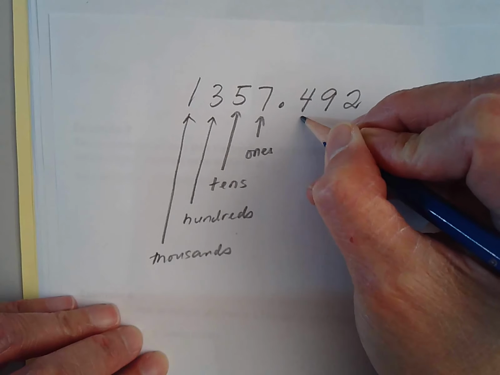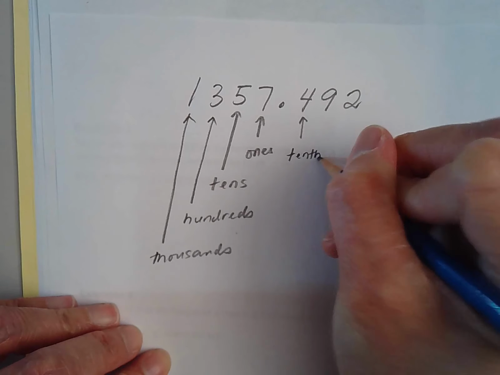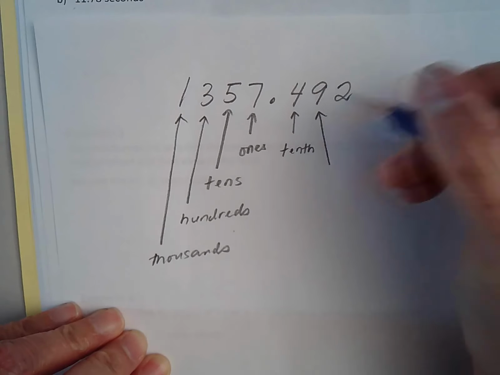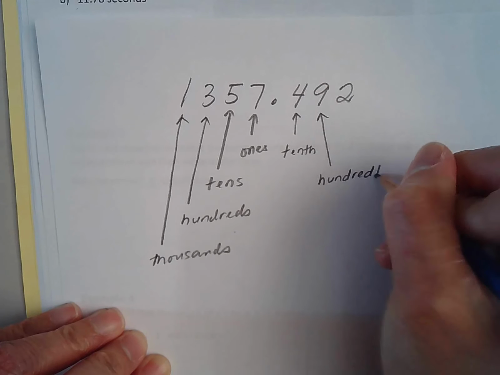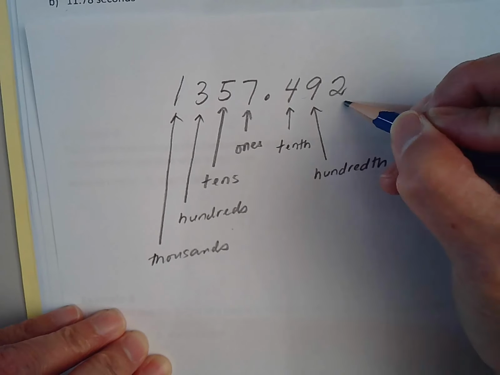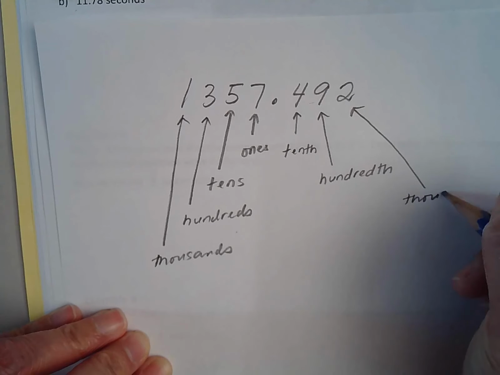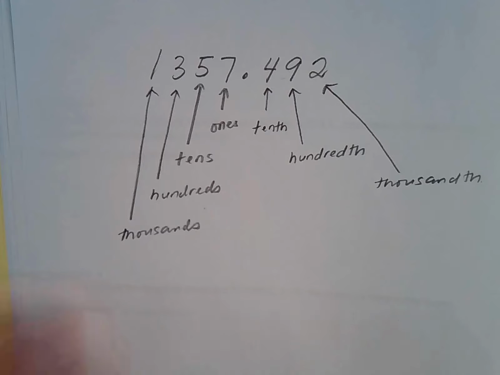And then when you get to this part, this is going to be the tenths place. This one would be hundredths, which is two decimal places. And then this one would be thousandths.